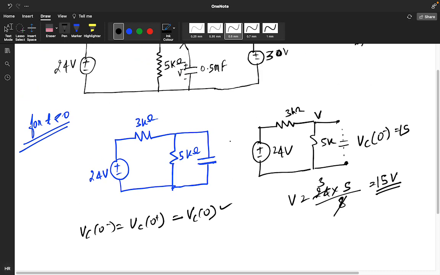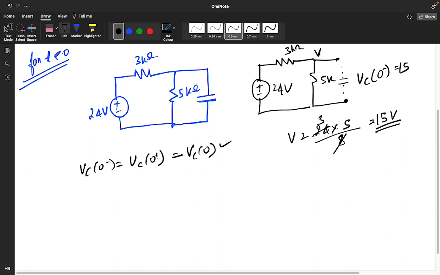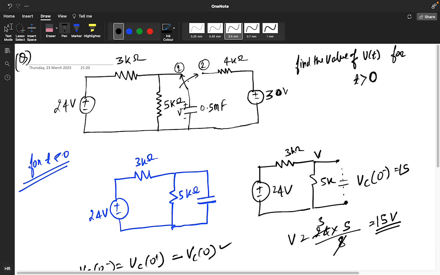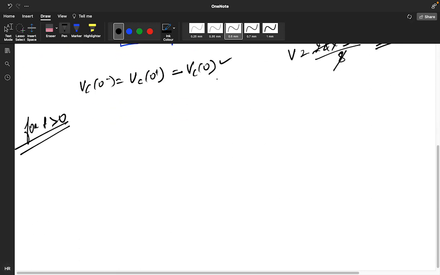This is done. Now when the switch moves, for t greater than 0, how will the circuit be? This switch is moving from one position to this position, so we are getting a capacitor like this.